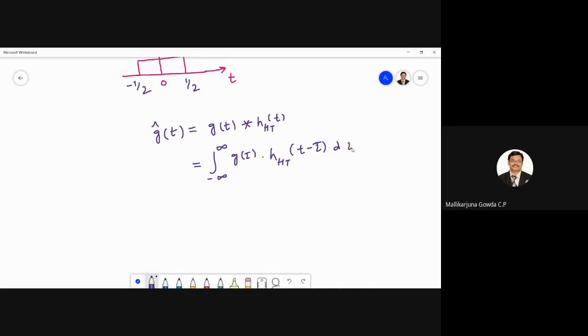So what is my g of tau? Here it is a rectangular pulse. My g of tau is a rectangular pulse.